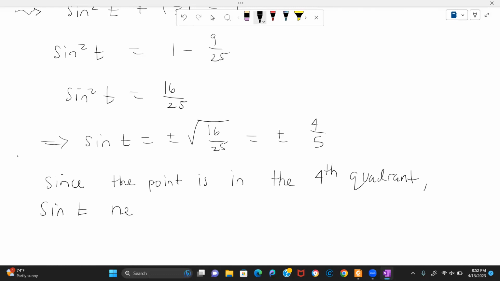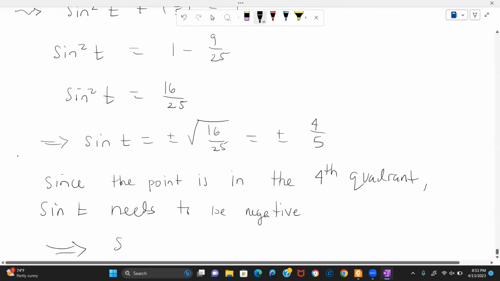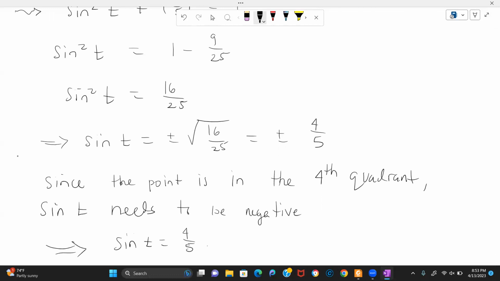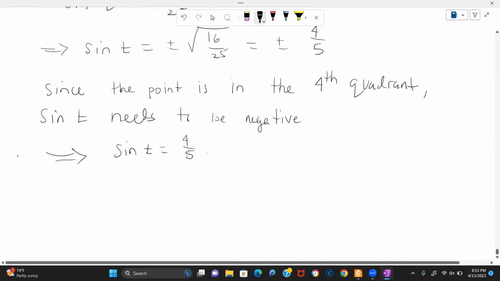Because the sine gives you the y coordinate, and when you're in the fourth quadrant, all the y coordinates are negative. So when you're looking at these two roots, you're going to take the negative root. So that implies that sine of t is equal to negative 4/5. Sorry, I just said that sine needs to be negative.